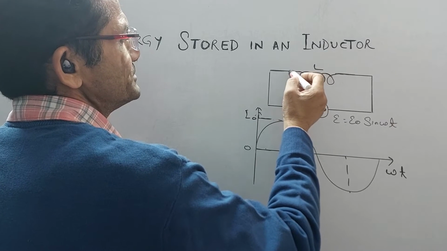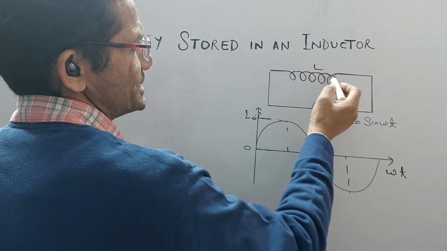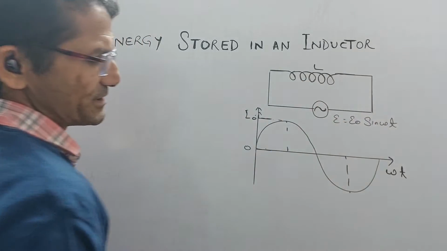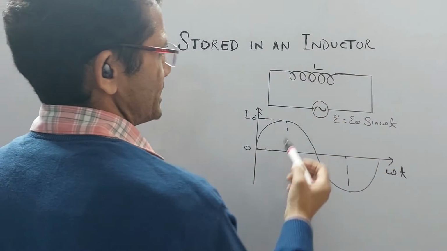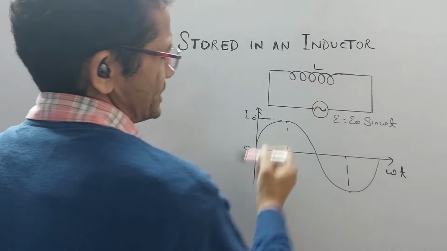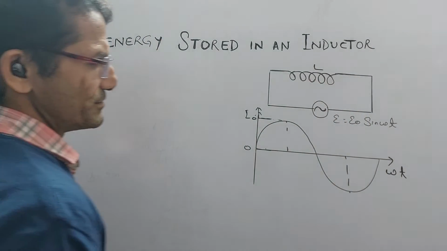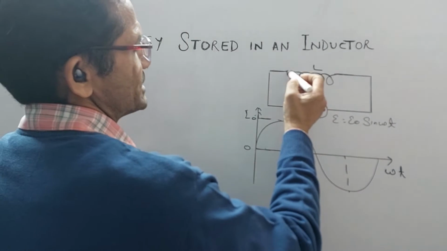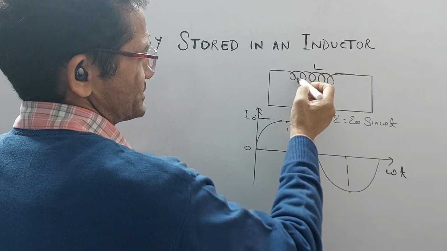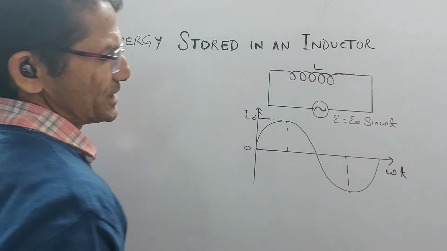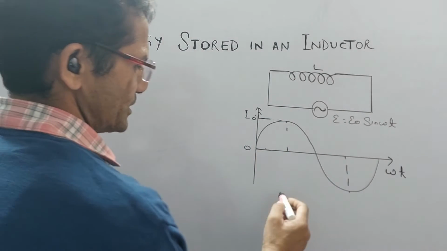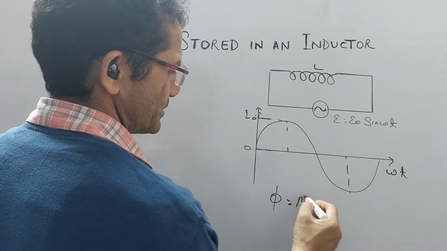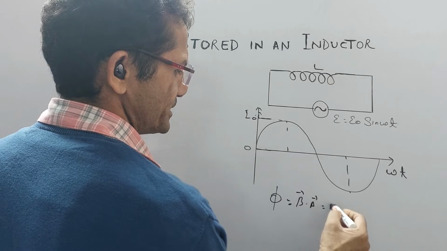By Lenz's law, whenever there is a change of flux, that is, whenever the magnetic field inside the inductor is increasing or decreasing, there is an induced EMF which opposes the change of magnetic field inside it. The magnetic flux is B dot A, so its value is BA cos theta.